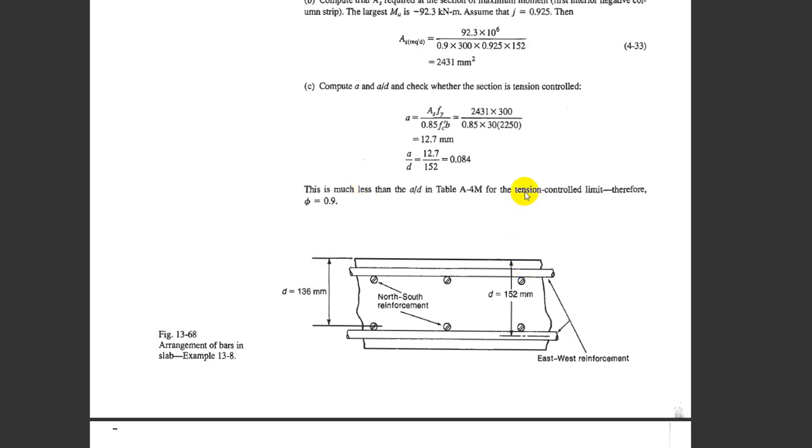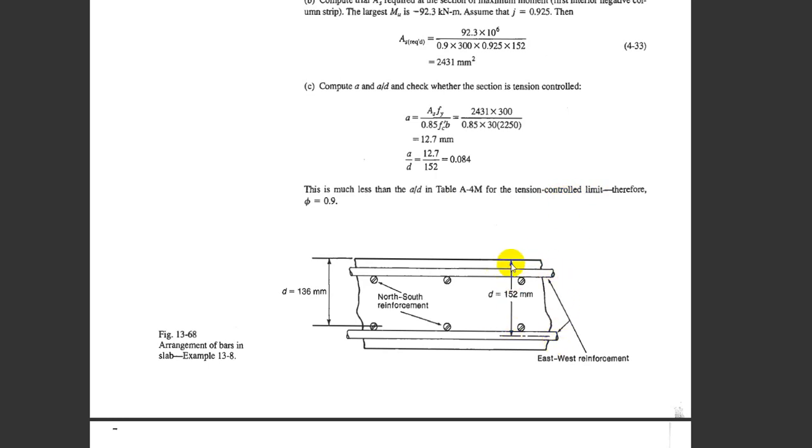The strain in the rebar is greater than 0.005 for the tension controlled limit, right? So this is what we see here.